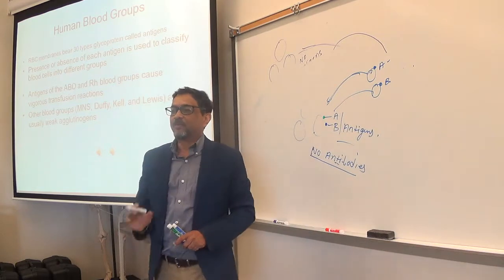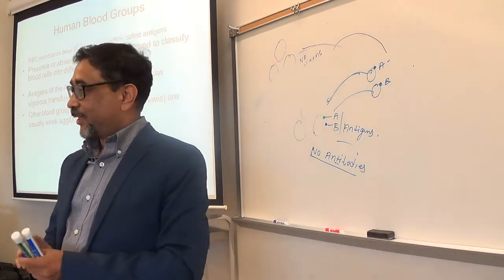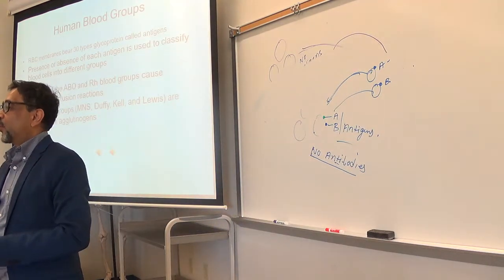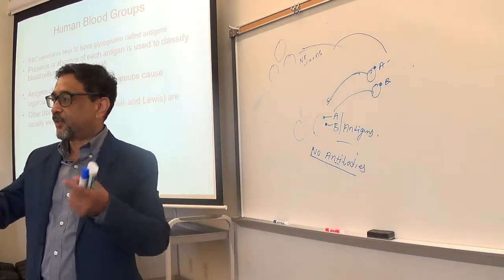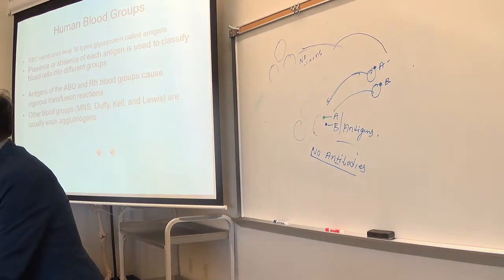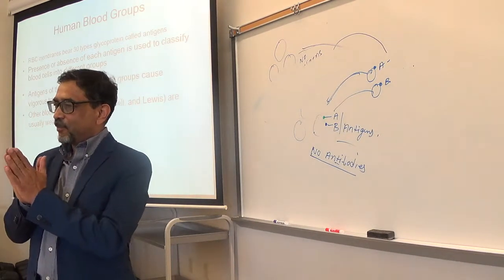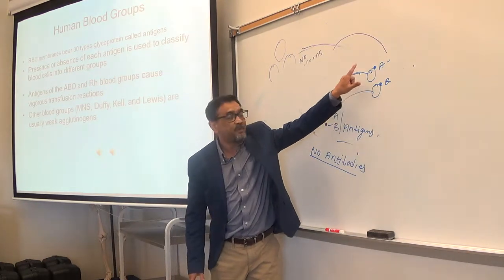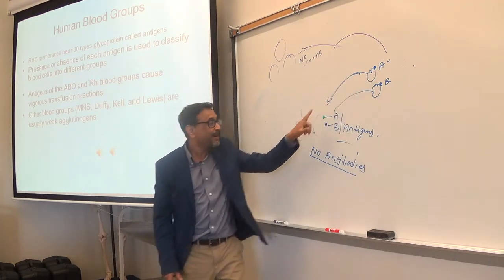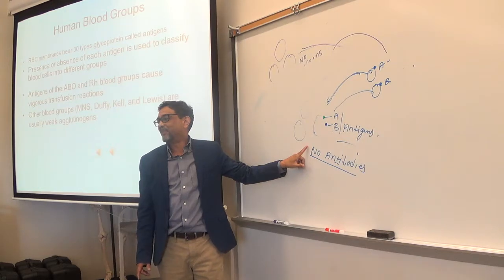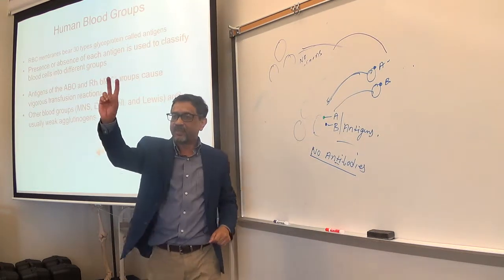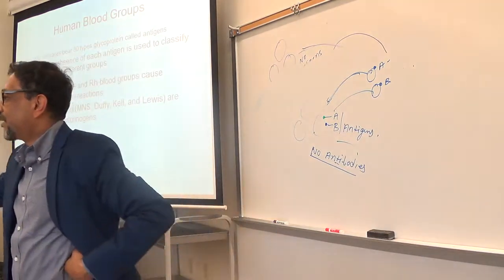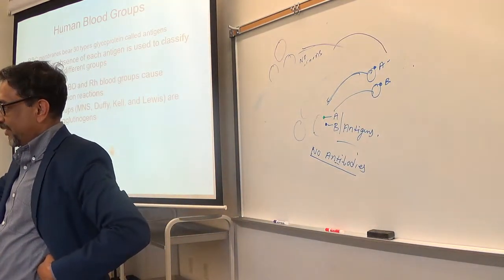Now, remember one thing, another rule. Another rule is very important: when we do blood transfusion, we always consider the red blood cells of the donor and the plasma of the recipient.